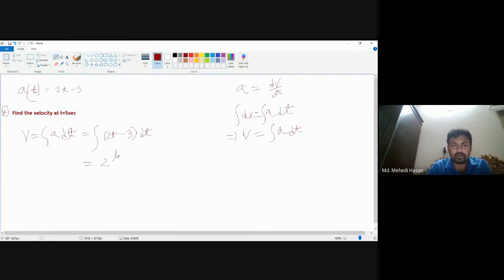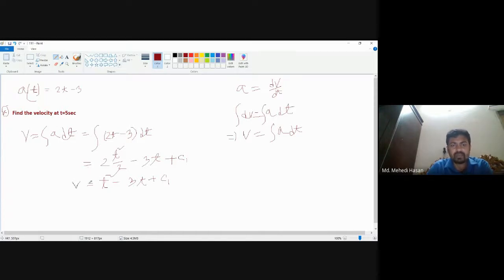So 2t square by 2 minus 3t, and there will be a constant. If you integrate something, then there will be a constant c. So if you consider this is c1 or c, then finally the velocity as a function of t will be t square minus 3t plus c1. So this is basically the velocity equation of that particle.